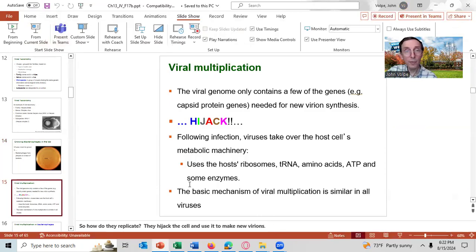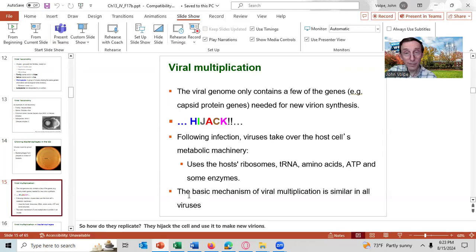All right, so viral multiplication. A viral genome only contains a few of the genes needed by the virion to reproduce. How the virus replicates is it hijacks its host cell and then forces the host cell to make copies of the virus.